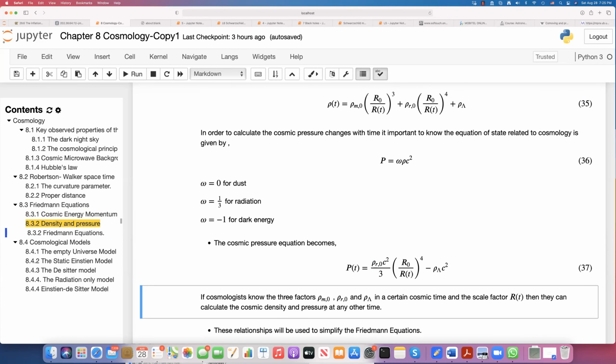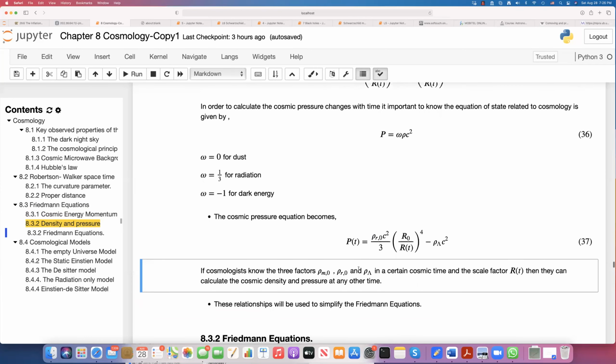So that is the advantage. If you know these values, you can actually calculate the cosmic pressure and density at any time. And these two relationships we will use in the next section, where I am going to derive the Friedmann equations.